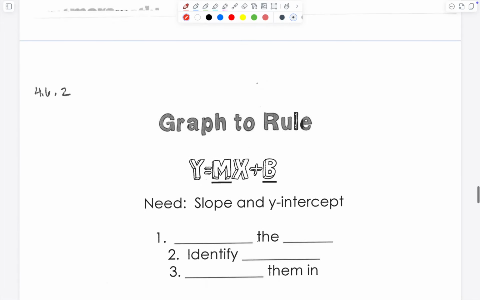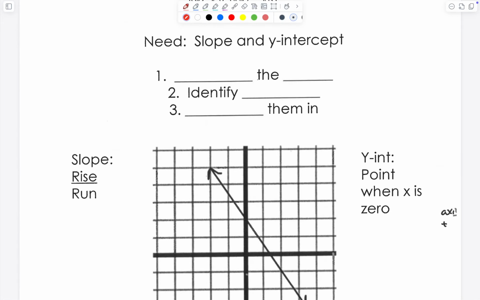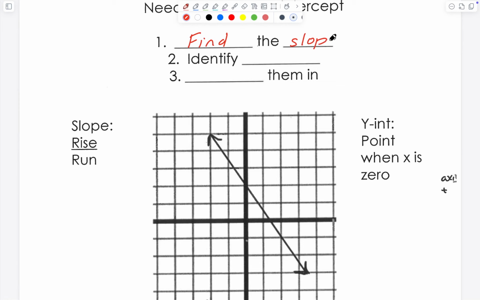Another way that you're going to see this is they'll give you the actual graph, and you'll have to pull those elements out. So you're going to have to find the slope and then identify the y-intercept. And then you're going to just simply plug them in.